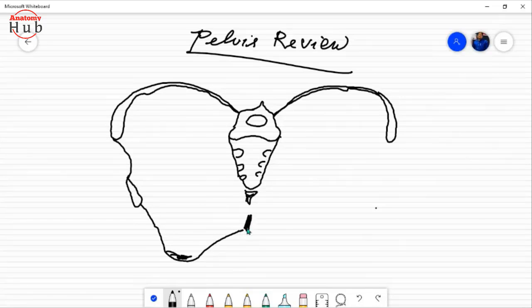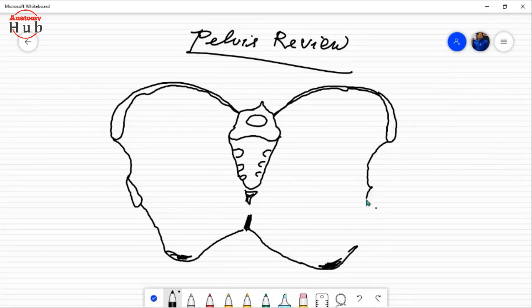it articulates with the other side of the hip bone in this fashion, right? Here also you'll find the inferior pubic ramus, and then here the ischial ramus. Both combined are known as your ischiopubic ramus. Here again it forms your ischial tuberosity, and you draw again the anterior border of the opposite side of the hip bone, and here you'll find the AIIS.